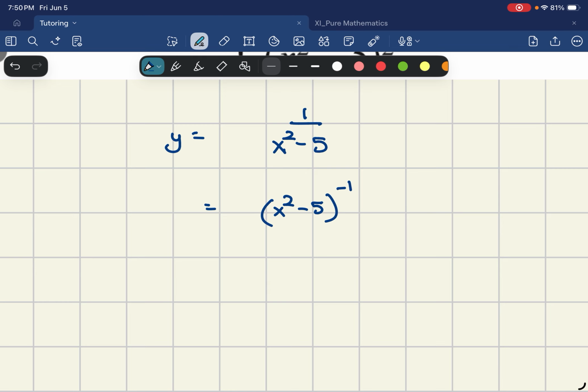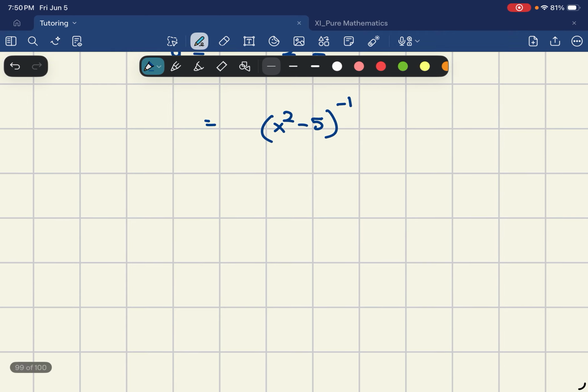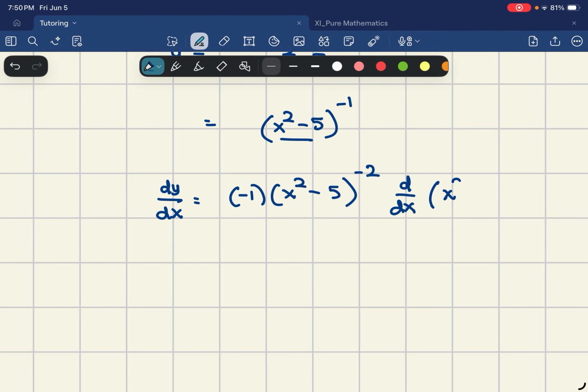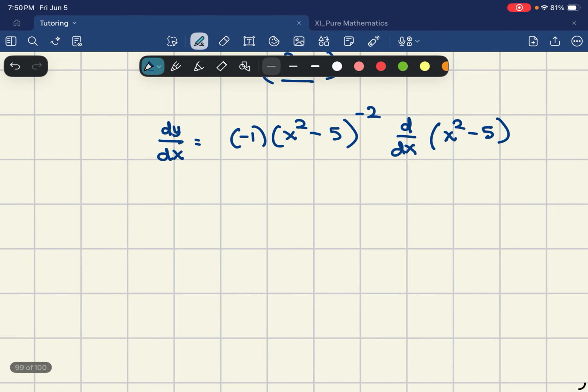So I can write it as (x squared minus 5) to the power negative 1. All right. So dy by dx is just going to be bring negative 1 to the front. (x squared minus 5), you decrease your power by 1, right? Negative 1 minus 1 is going to be negative 2. But there is an x inside, so you have to differentiate it again.